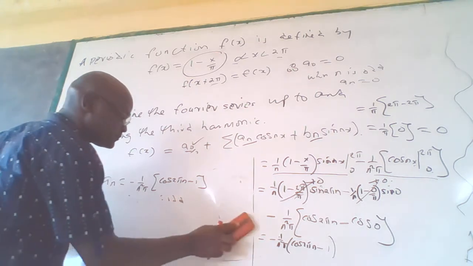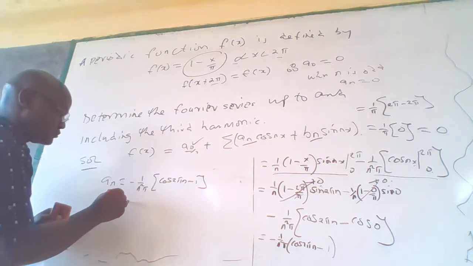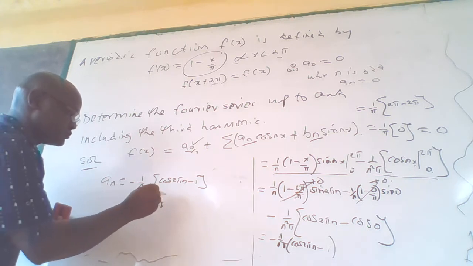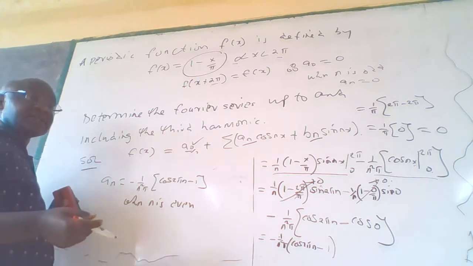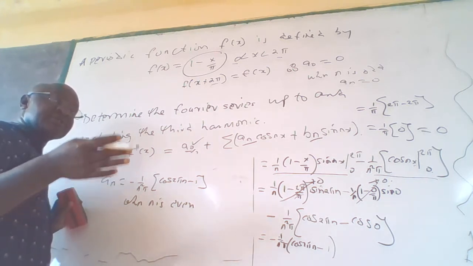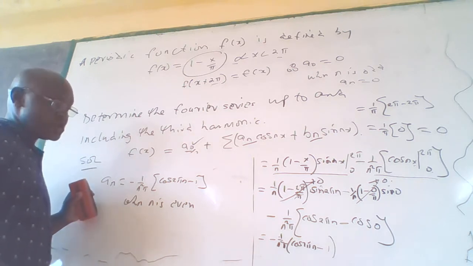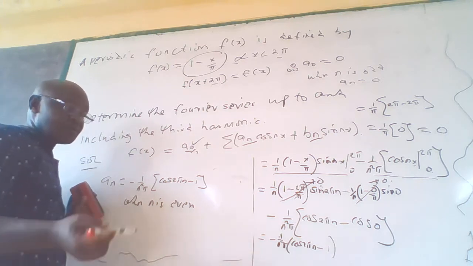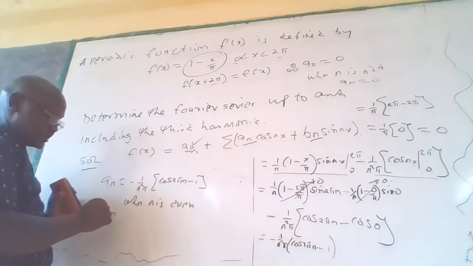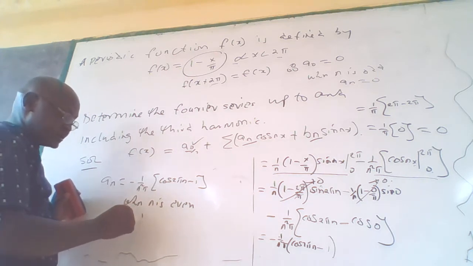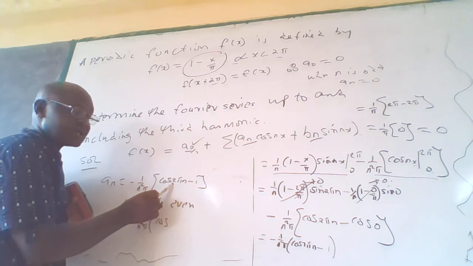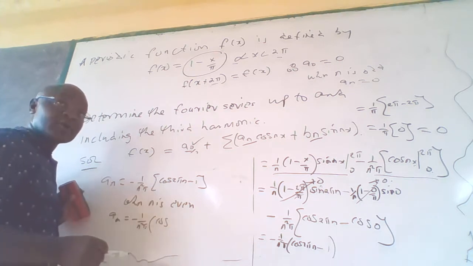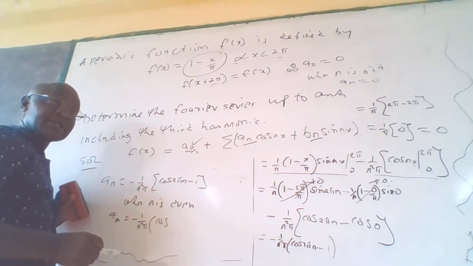Now, we want to test when n is even. When n is even is like 2, 4, 6, 8, 10, etc. So when we are testing for even, we use 2. So we are saying that our an will be equal to minus 1 over n squared pi into cos. Now when n is 2, so we have 2 times 2, that is 4. So cos 4 pi. Cos 4 pi is the same as getting cos 720.